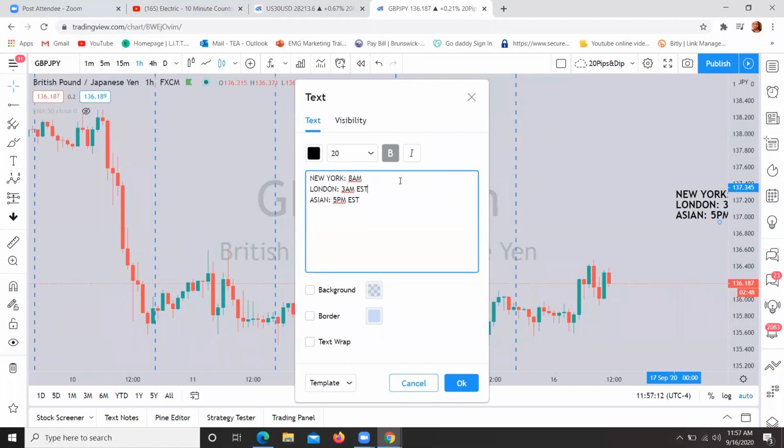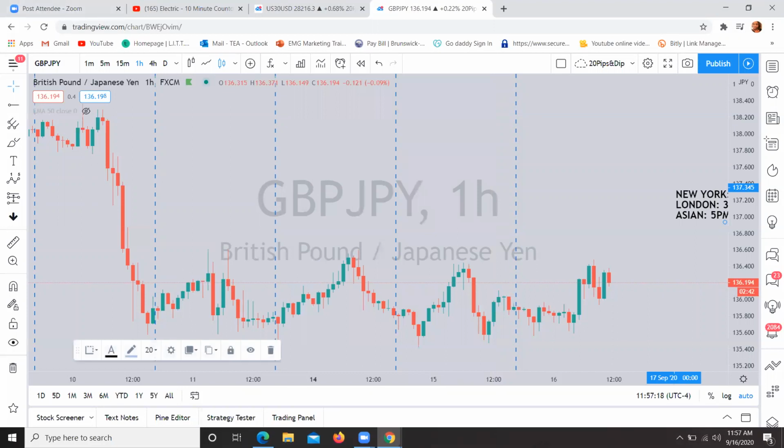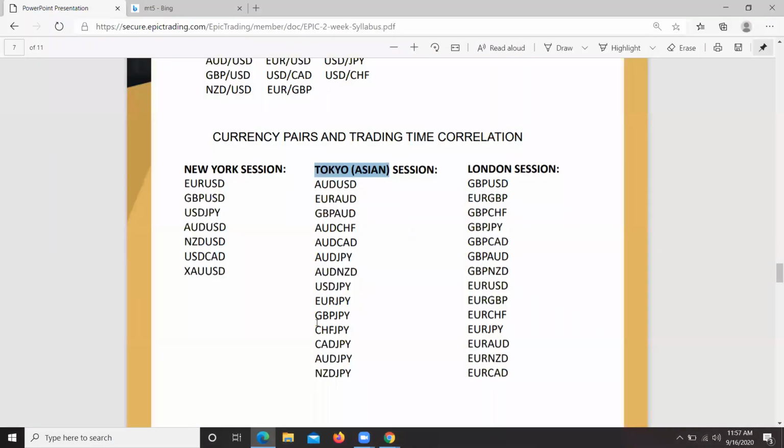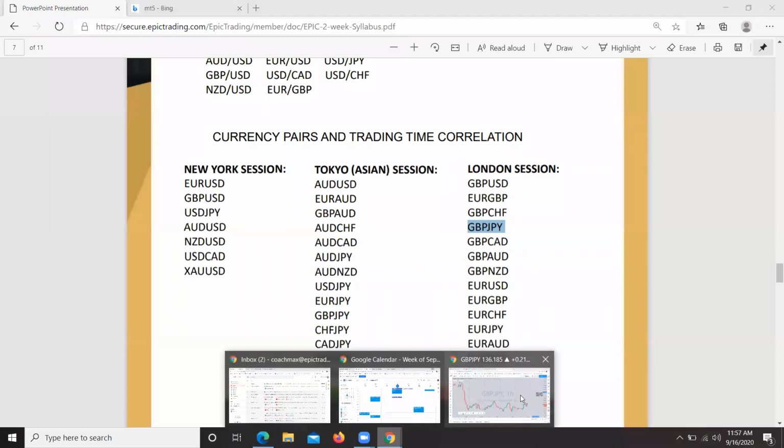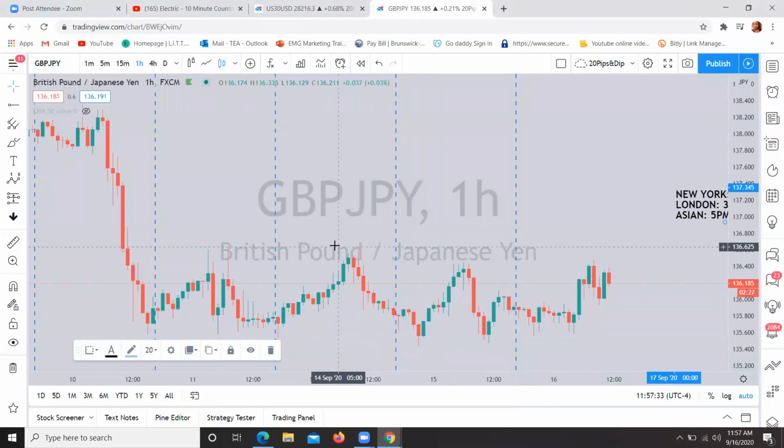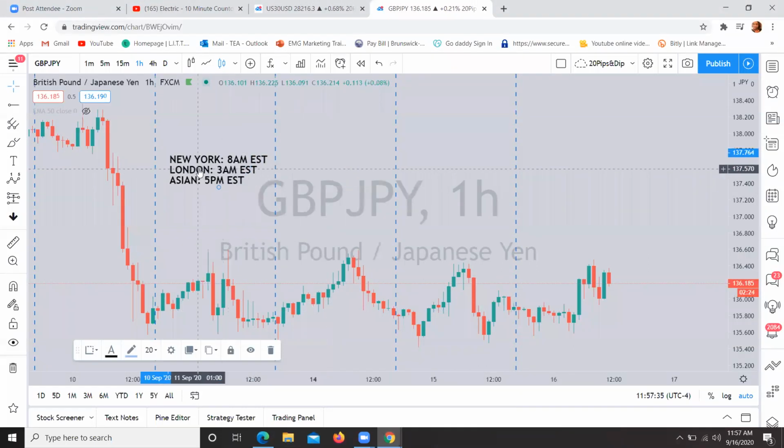London, Asia. Good. Very good. Look at this. I'm giving you a cheat sheet. Look at this. Y'all don't need to do no hard thinking. Some of y'all are thinking too hard about this. So look at this.